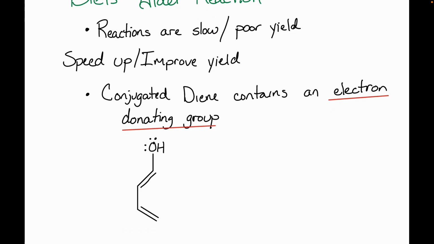So an oxygen or a nitrogen, one of those heteroatoms that are able to donate those lone pairs in the allylic position. So electron donating group, I mean a lone pair in the allylic position.